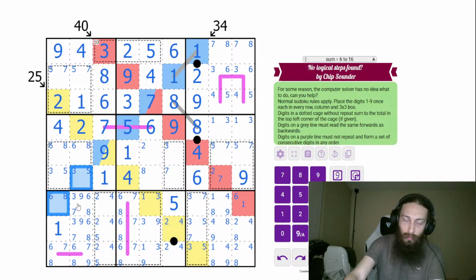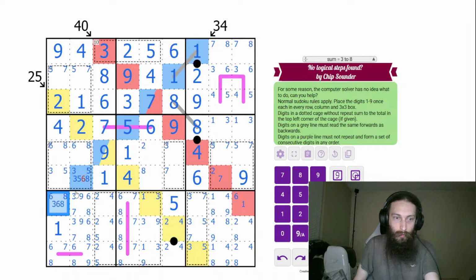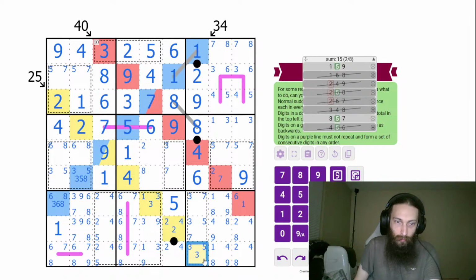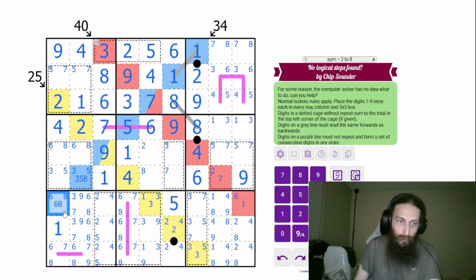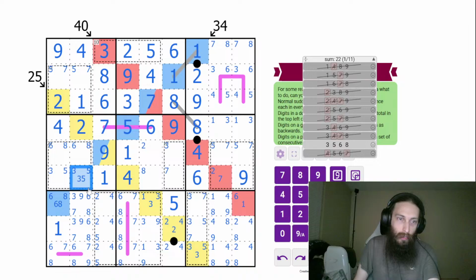And we have 11, which is 2, 9, which doesn't work at all. 3, 8. 4, 7, which doesn't work at all. And 5, 6, which only works in one direction. And then this is 1 or 3. Well, this is a 1, makes that a 3, makes that a 2, makes that a 3. So this can't be 3, therefore this cannot be 8.